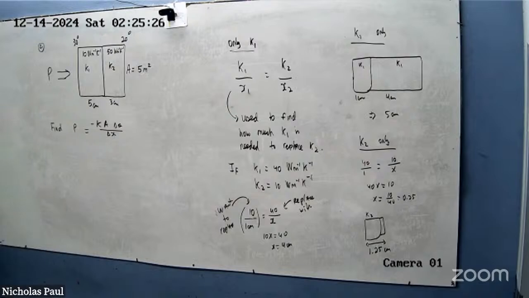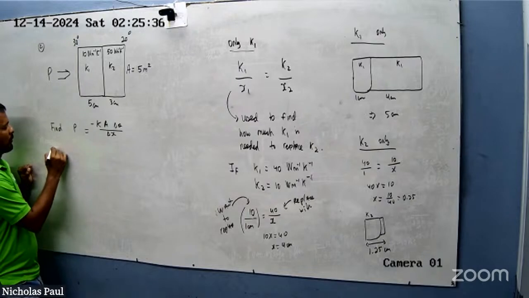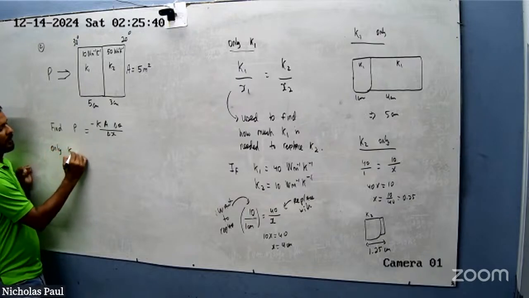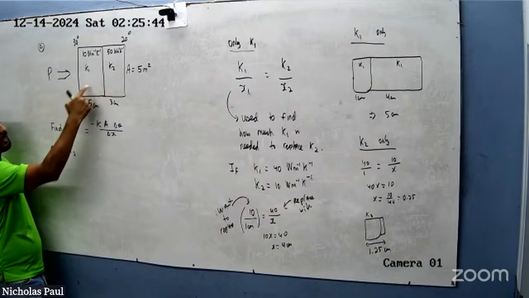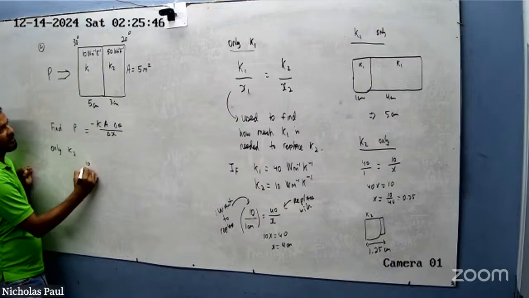What shall you use? All K1 or all K2? All K2. Right, so I'm going to use only K2, so it means I need to get rid of K1. K1 is 10 over 5.